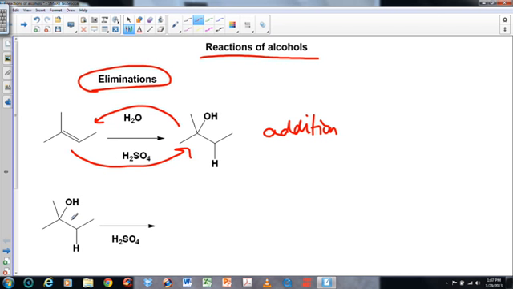The only difference with this is that you can possibly get more than one different product out. So let me show you how that works. The double bond has to form between the carbon bearing the OH and a carbon adjacent to it. Of course, adjacent means next to. So you need to ask yourselves, how many different adjacent carbons are there to the carbon with the OH?